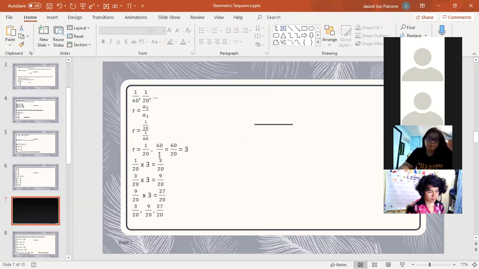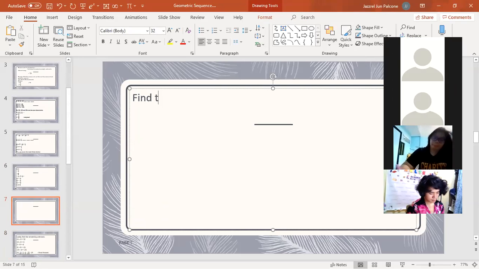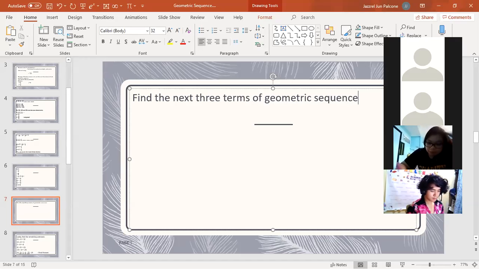So copy your question. Okay. Find the next 3 terms of geometric sequence. What is the choice? 8, 24, 72, and then the next 3 terms.